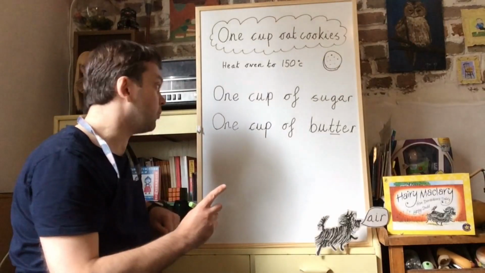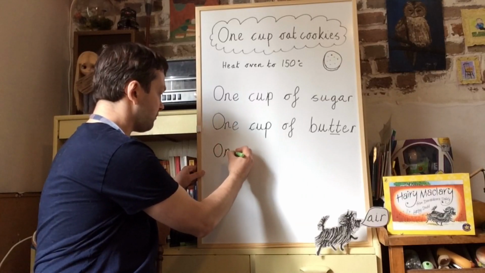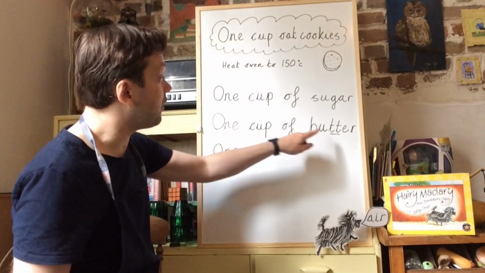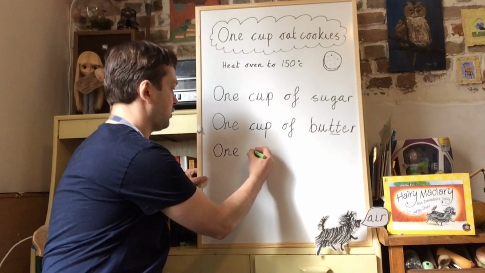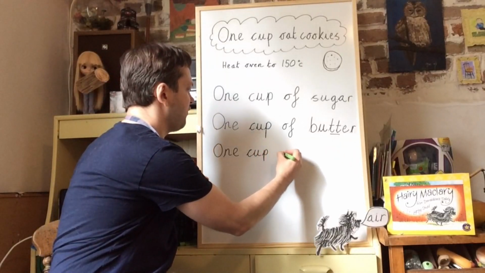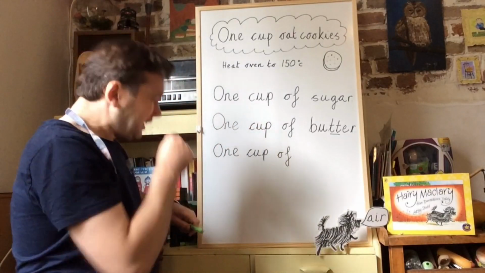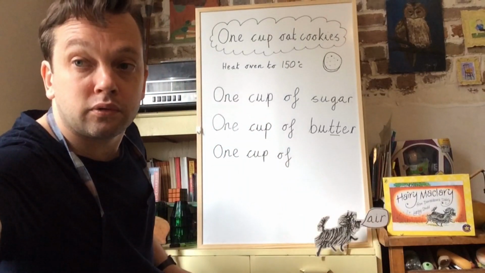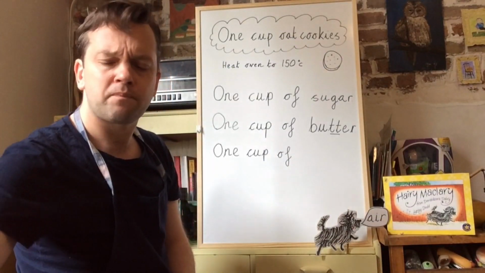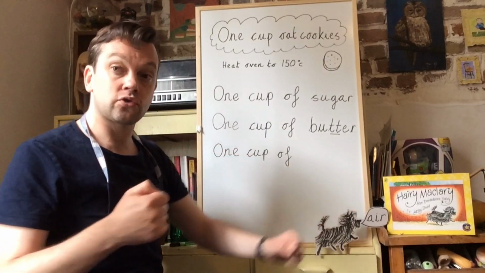How do we write 1? Yes. O-N-E. 1 cup of, and then oats.